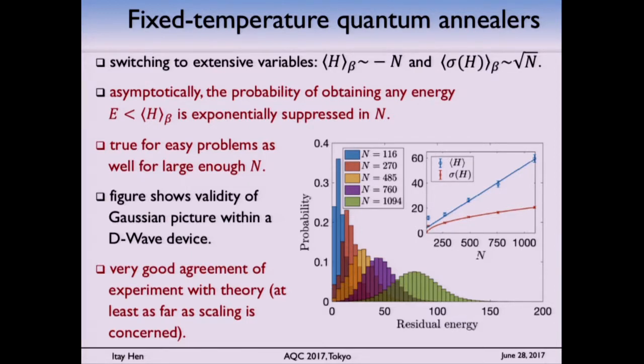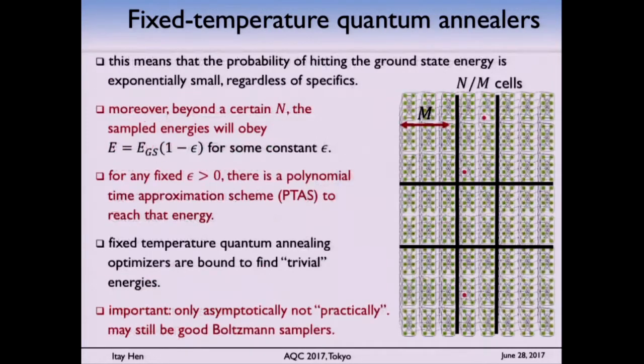The only difference is that people have been looking at this device, or suggesting this device, as a solver for practical optimization for many companies, and so this limitation is pretty fundamental, and we should be made aware of it.